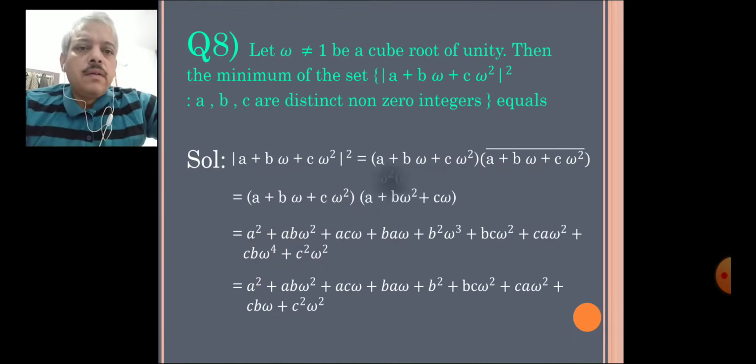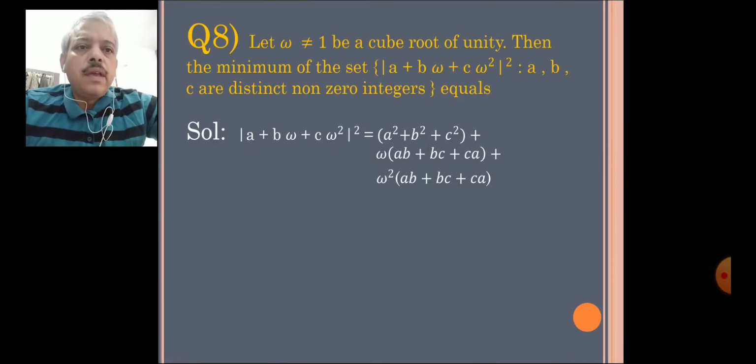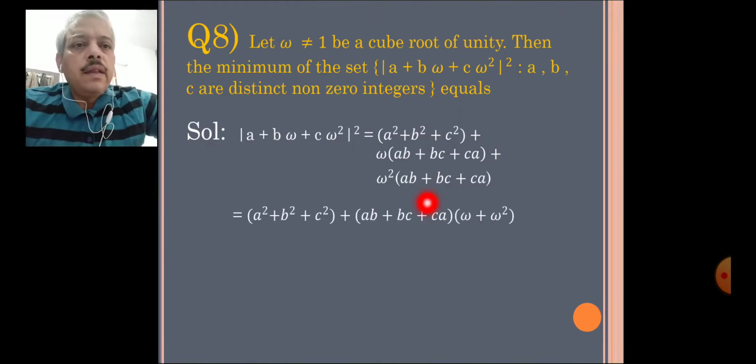Now it will be written as a square plus b square plus c square, writing all the terms without omega together, then writing the terms of omega together, and then writing the terms of omega square together. We will get this expression, which will be equal to a square plus b square plus c square plus, take the common ab plus bc plus ca from the last two, it will be omega plus omega square.